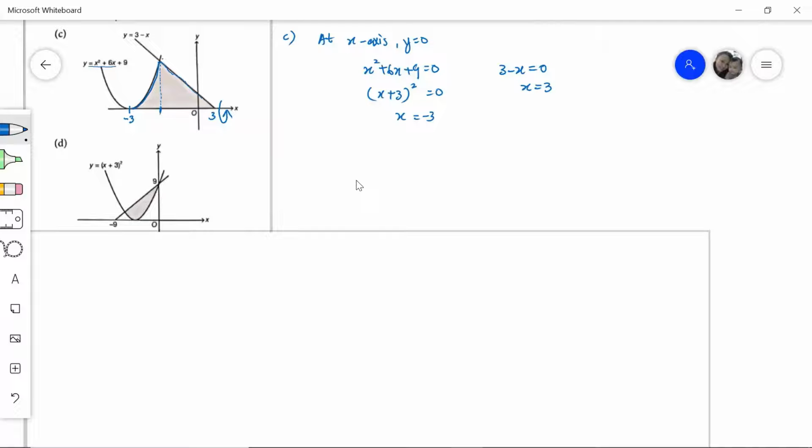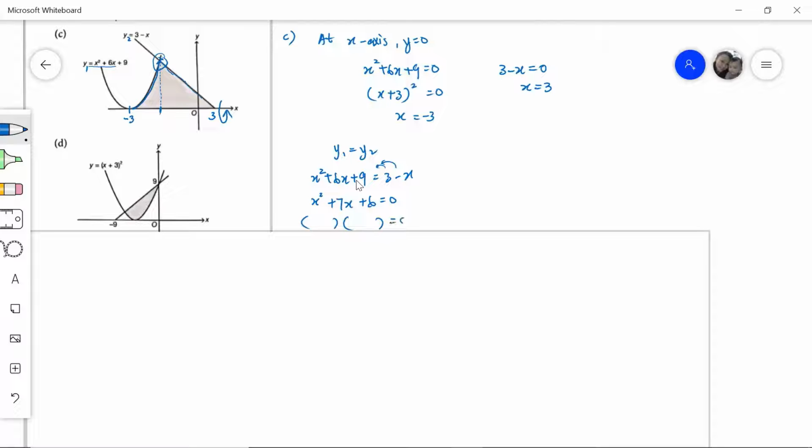Next, we need to find the point of intersection between the curve and the line. All right, so for that, we take y1 equals y2. Let me just label, this is y1, this is y2. Therefore, we have x squared plus 6x plus 9 equals 3 minus x. So bring this over to the other side. So we have x squared plus 7x plus 6 equals 0.